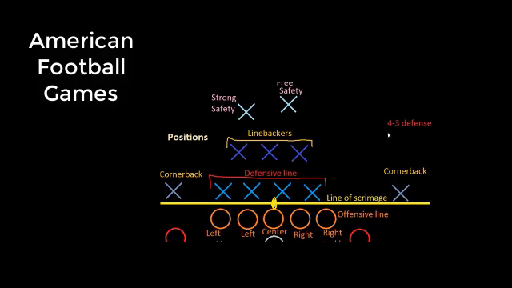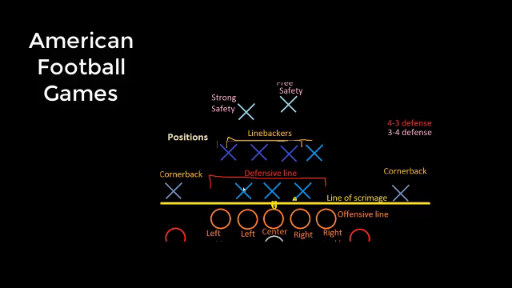The other common way that you might see guys line up instead of a 4-3 is a 3-4 defense, which would simply mean that one of the linemen will actually move back, and so you will have then 3 linemen, and they move over in the middle there, and then you would have 4 linebackers, so that would be the 3-4 defense then. And really these guys can stand wherever they want.